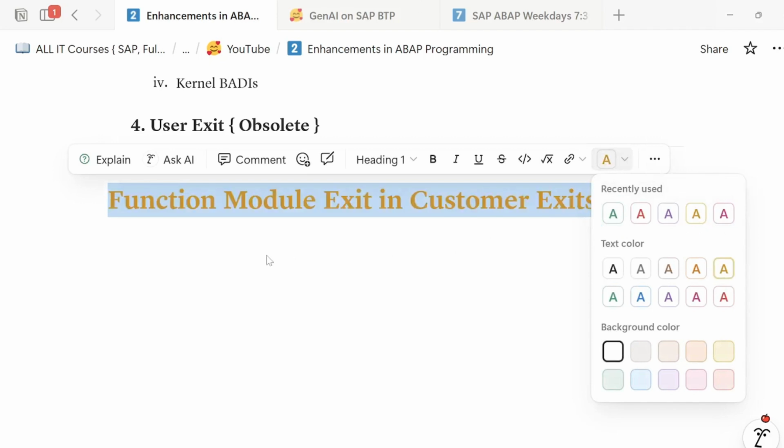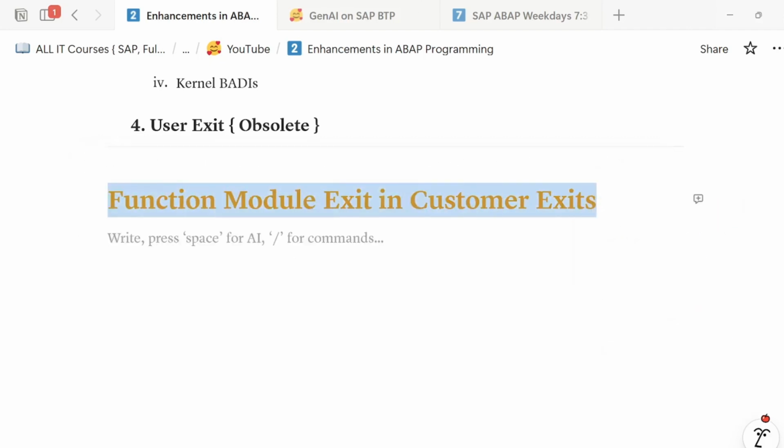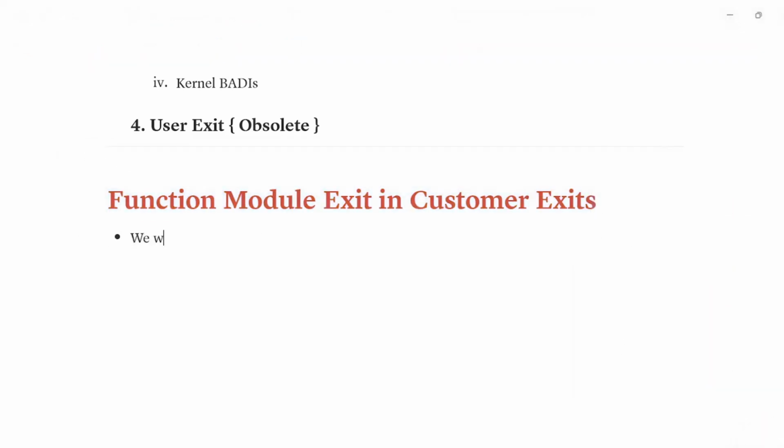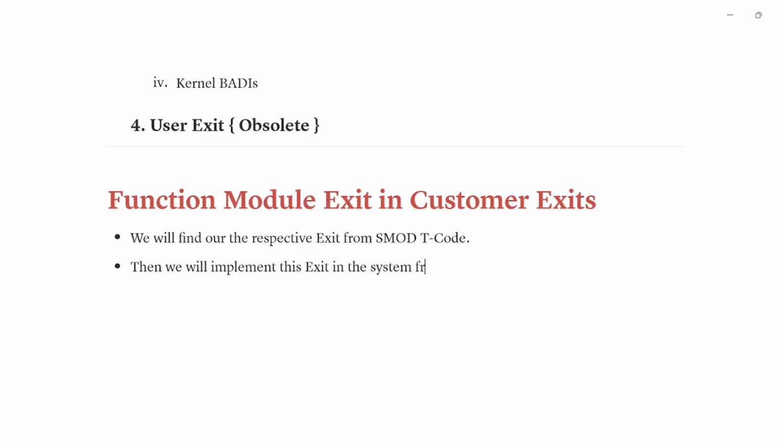First of all, understand the situation. If you want to implement a customer exit, you will have to follow an approach. The approach is going to be, we will find out the respective exit from the SMOD transaction code, and then we will implement this exit in the system from the CMOD transaction code.